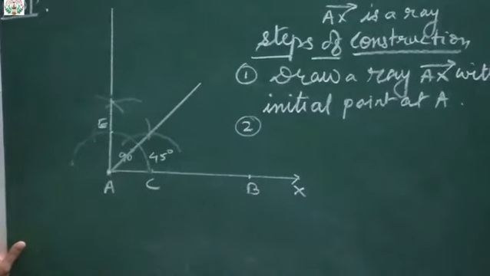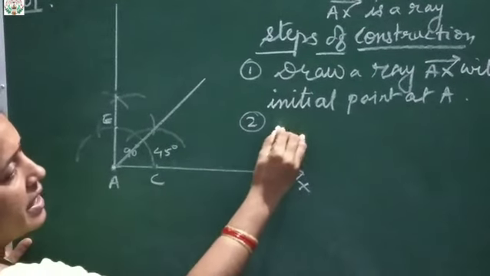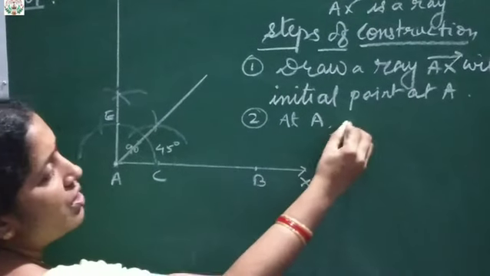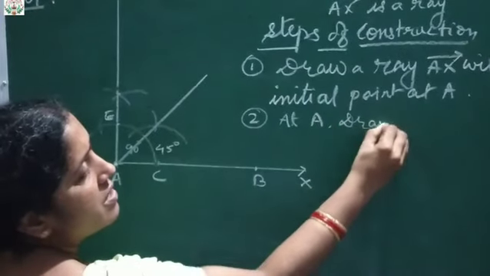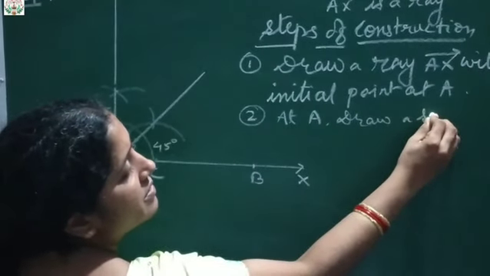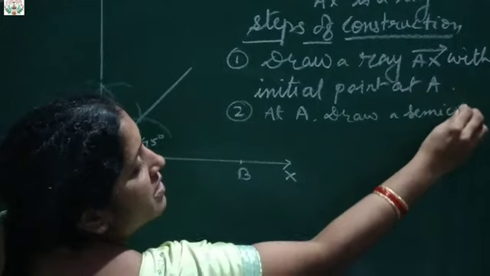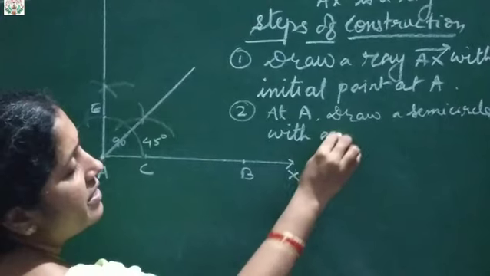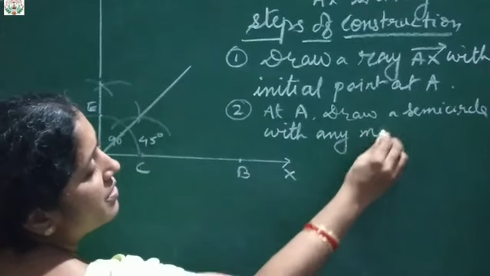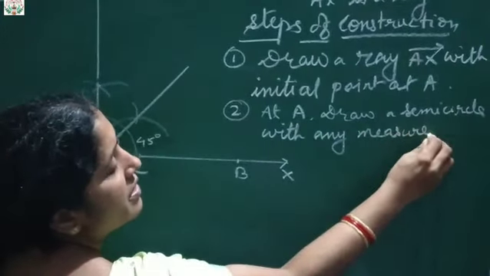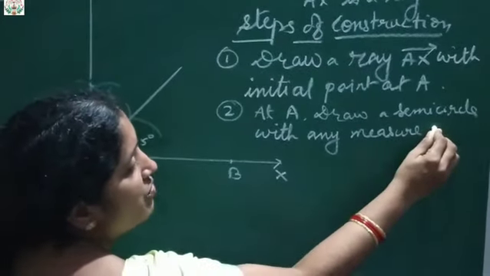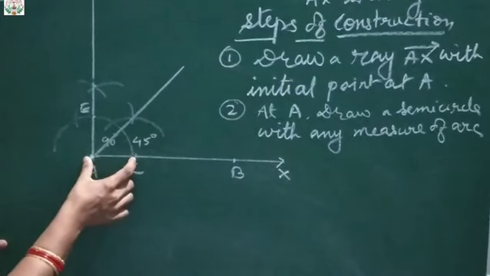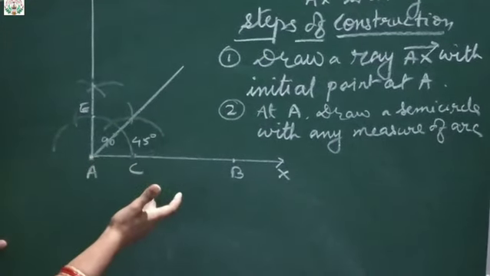Now second step will be what? Second step will be, now at A, draw a semicircle with any measure of arc. Less than the ray. Any measure of arc means this arc, any measure. It could be 1 centimeter, it could be 2 centimeter, it could be 3 centimeter.